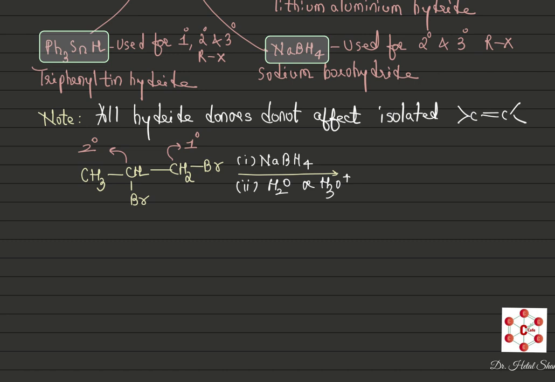So here, do we have a primary alkyl halide? Which part is primary? This is a primary alkyl halide and this is a secondary. So where would the reaction come? On secondary. Perfect. So here it would react and break this bond. So then we'll have CH3, CH2, CH2 and Br. Why? Because primary is not affected, only secondary gets affected. Is this okay, everyone?